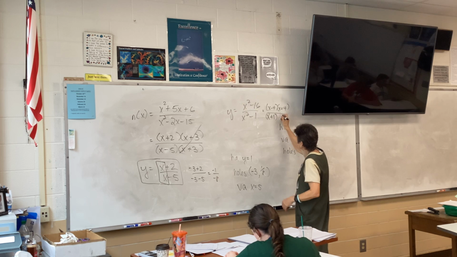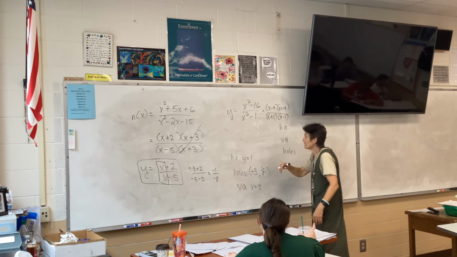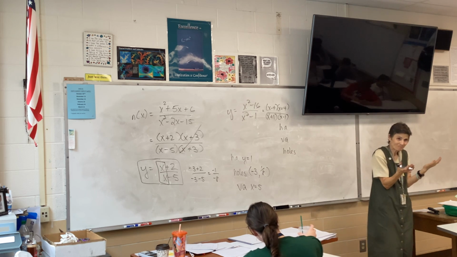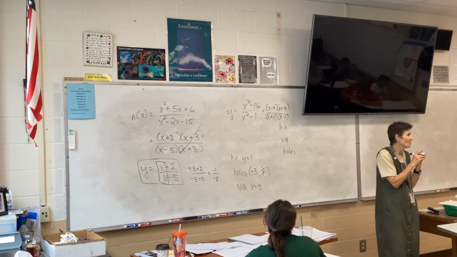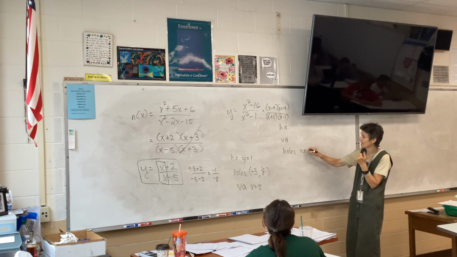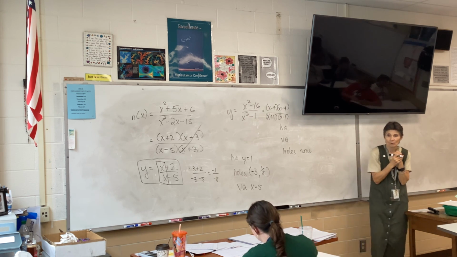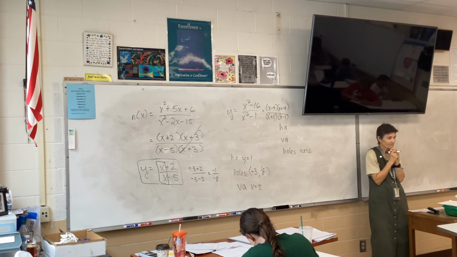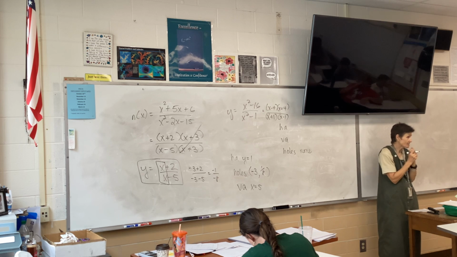Now, Caden, we did all that factoring, but what didn't happen? No canceling. Which means that there will not be any holes, right? Are there any asymptotes?